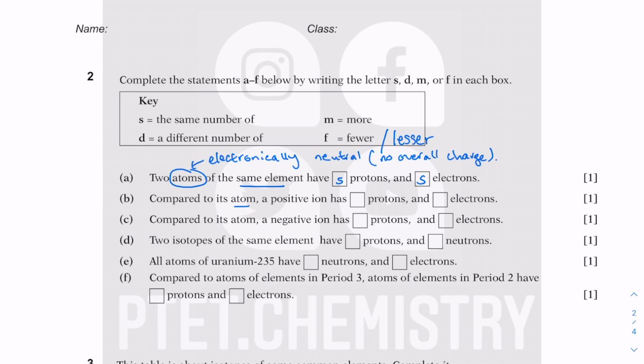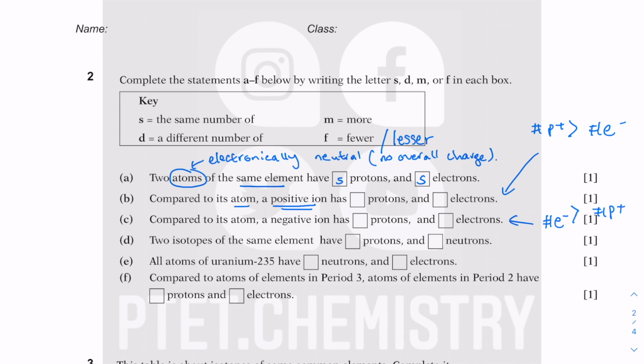Compared to its atom, you get a positive ion because you have more protons. So definitely, when you have a positive ion, the number of protons is greater than the number of electrons, right? Not neutrons. And then for a negatively charged ion, you will have more electrons than the number of protons.